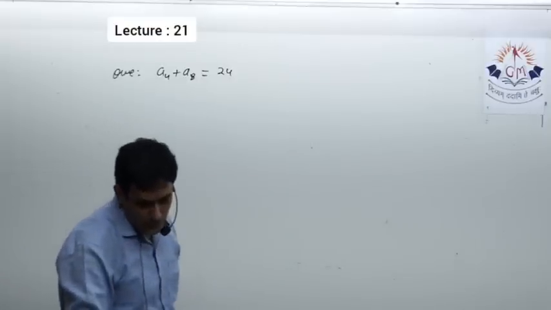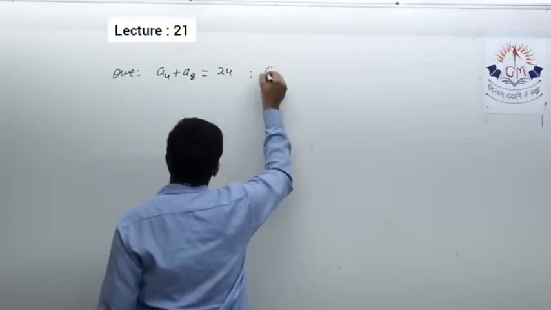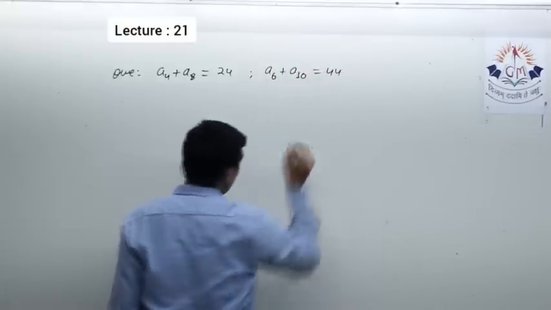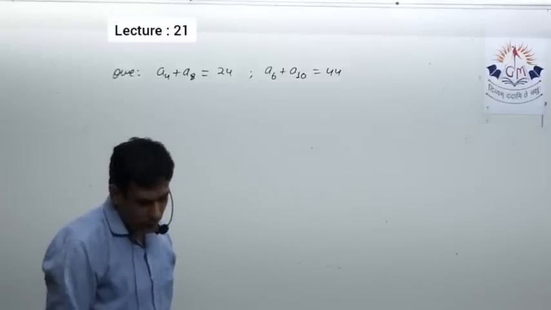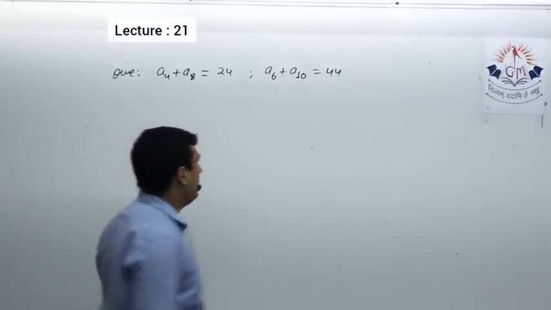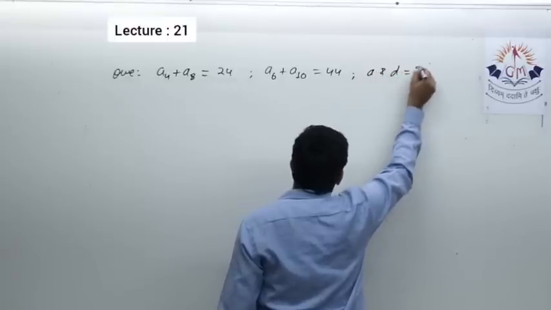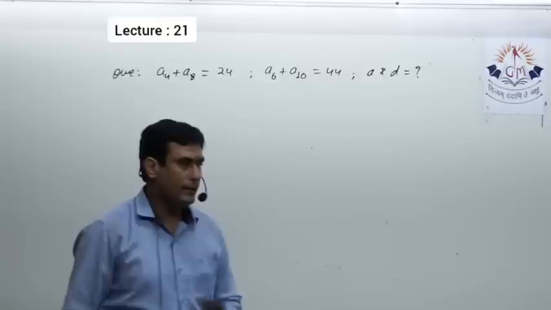Another, it is given the sum of the sixth and tenth term is 44. Find the first three terms of the AP. In other words, find A and D, because unless you have D, it is not possible to find the first three terms.